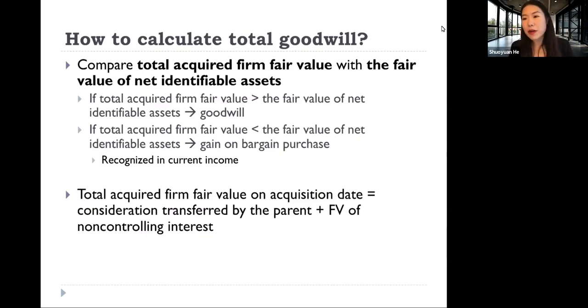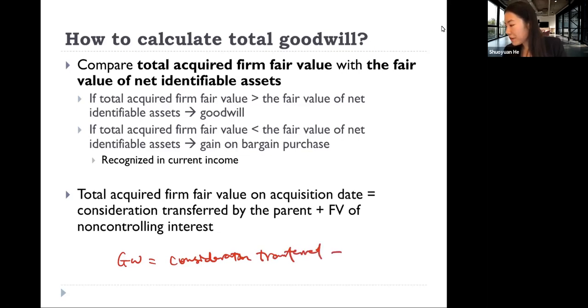If you still remember from the previous class, all of the previous situations we talked about were situations when the parent has 100% ownership of the subsidiary. In that situation, goodwill is the consideration transferred by the parent minus the fair value of the net identifiable asset of the subsidiary.